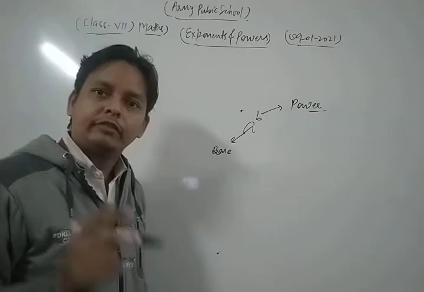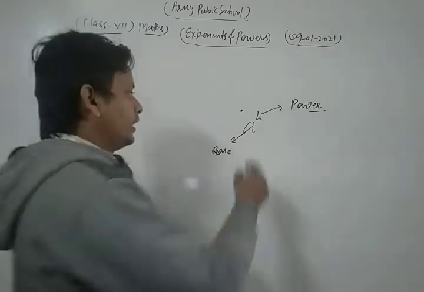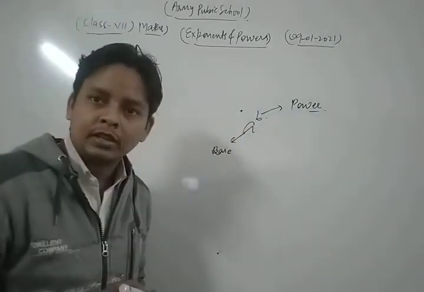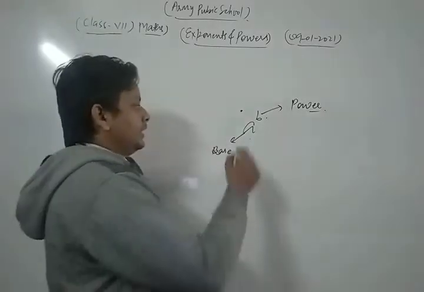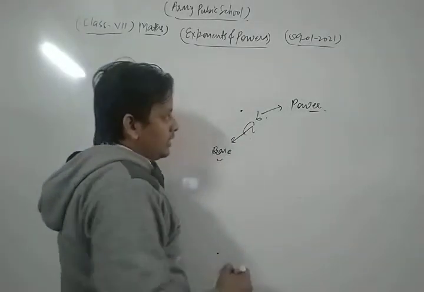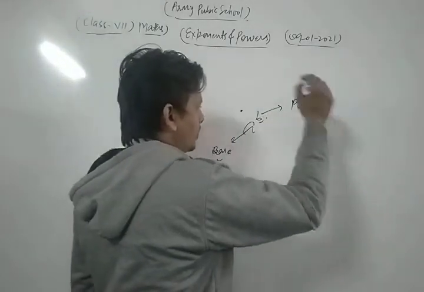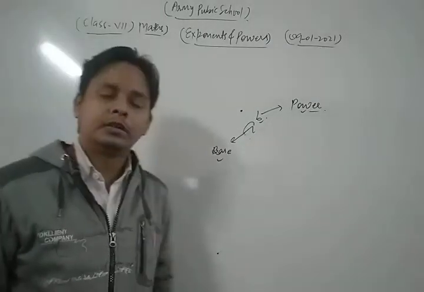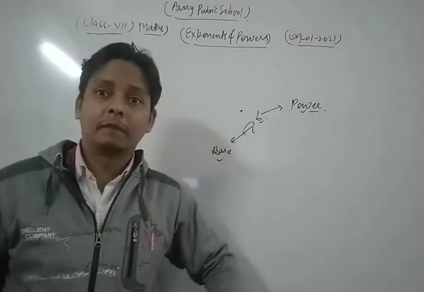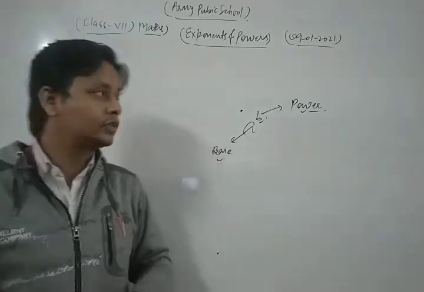Dear students, if any number is written in the form of a to the power b, then in that condition a is called its base and b is called its power.